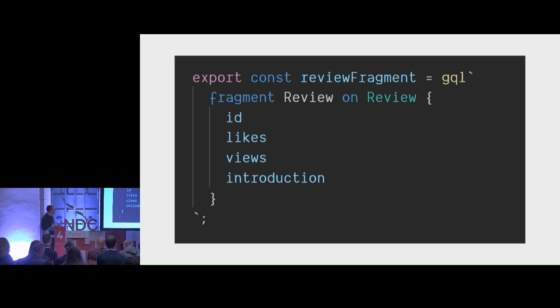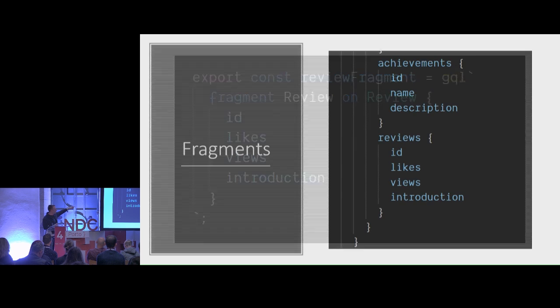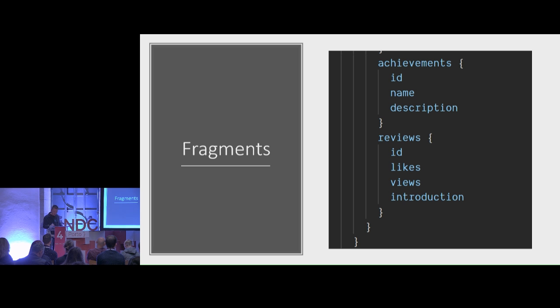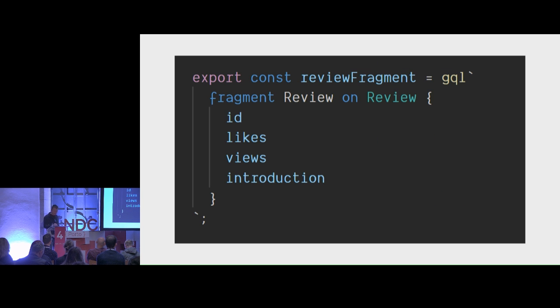And so we can extract these like we make more complex types in TypeScript. And in GraphQL, you call it a fragment, you can give it a name, and you tell it what type it's a fragment of, in this case, on review. So that same little bit that we had there is what we use here.